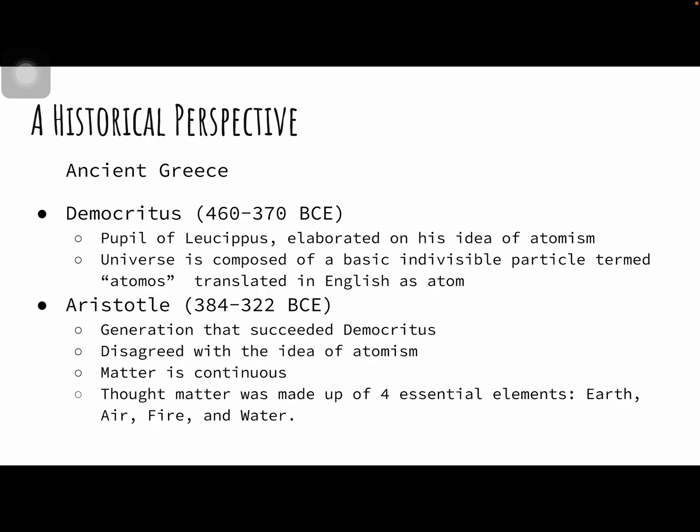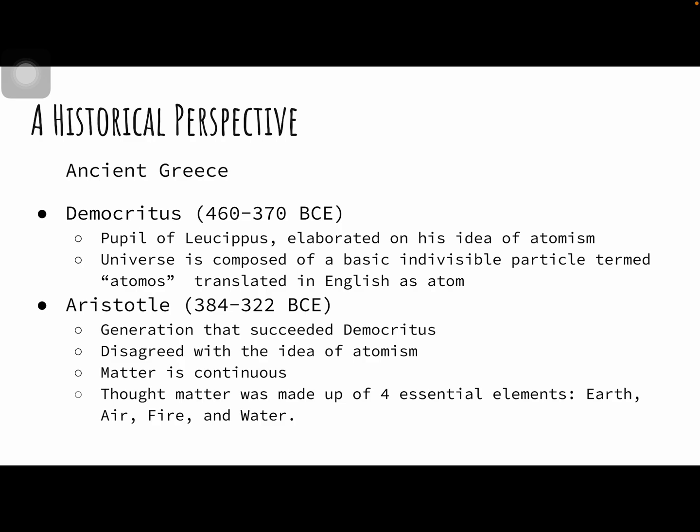Well, Aristotle came in, 384 to 322 BCE, a generation that succeeded Democritus, and he disagreed with atomism. He did not agree that there were tiny little things that make up matter. He believed that matter was continuous, that a solid is a solid, and there's nothing separating it whatsoever.